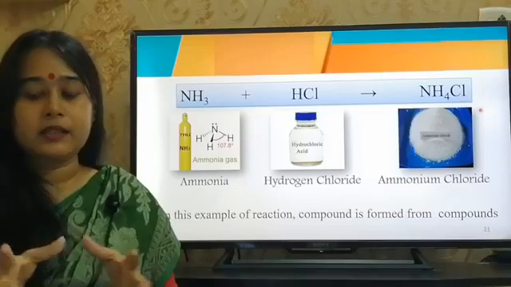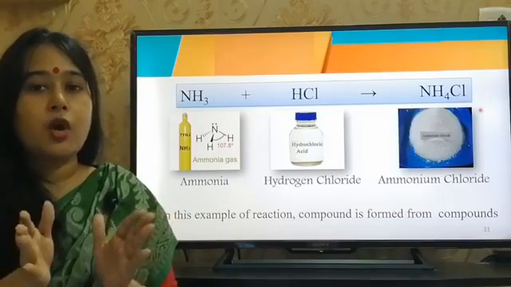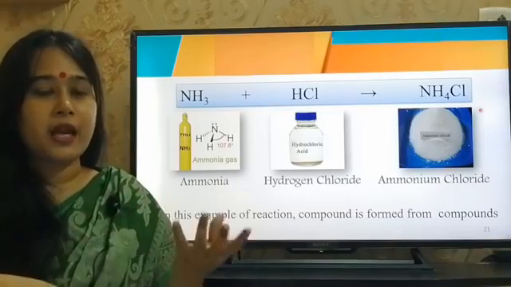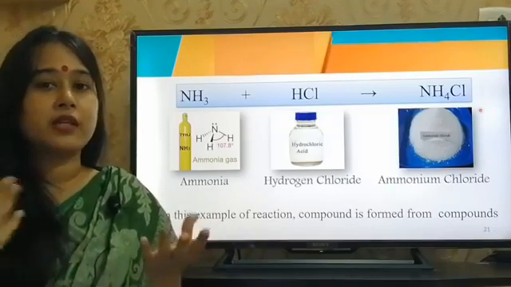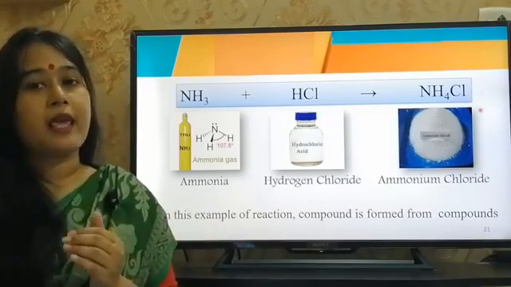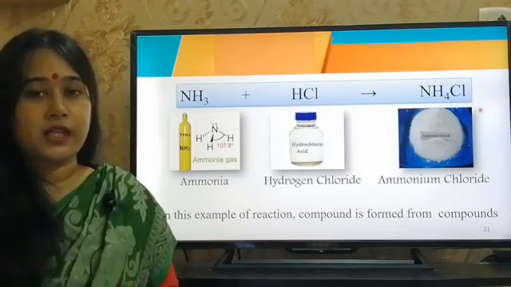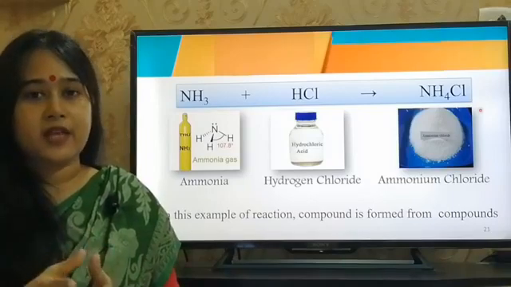So these kinds of chemical reactions where elements are combining, and elements and compounds are combining, and compounds are combining and making another material, a new kind of substance, those kinds of chemical reactions are called addition reactions.